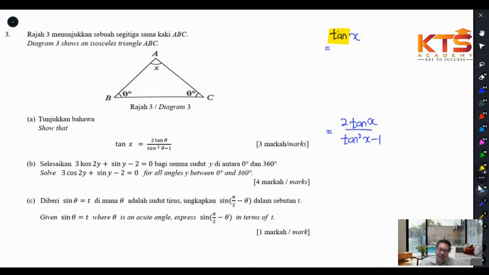Tangent X, look at here, this is the starting point, and at the end, I have tangent X on top. That means this thing should be 1, not A. Why like that one?